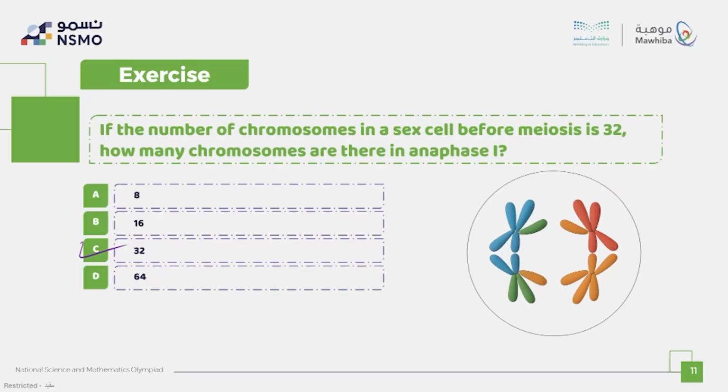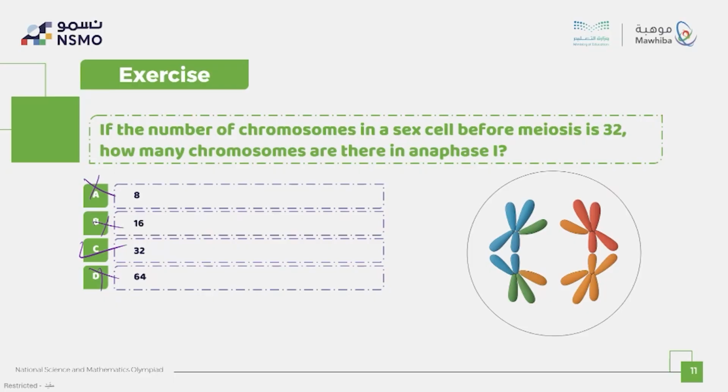Why? In A, 8 is too low, so this is wrong. In B, 16, the reduction happens after meiosis 1, so we didn't need that one. We said C, 32 is the correct one. D, 64 is wrong, because this would require duplication.